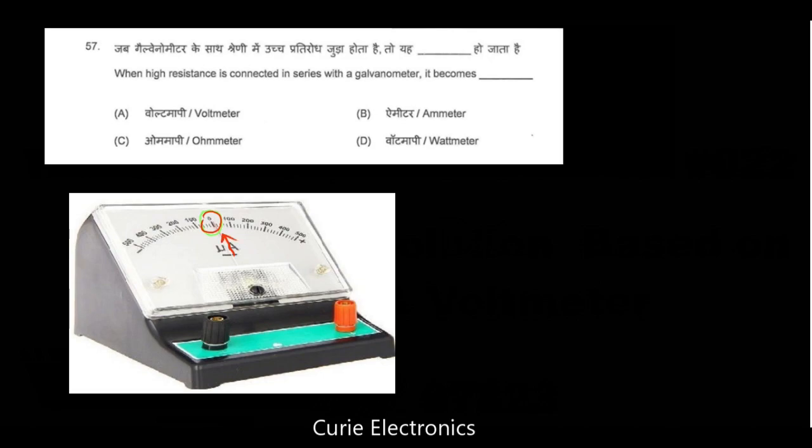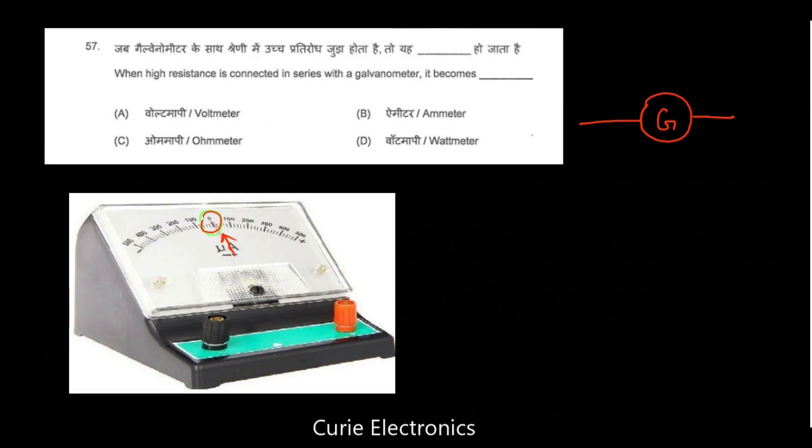This pointer can move towards left or right. This galvanometer is usually represented like this, G. It is used to measure very low level current, that is microamps, or else we can say this galvanometer is used to detect current and measure small amount of current.